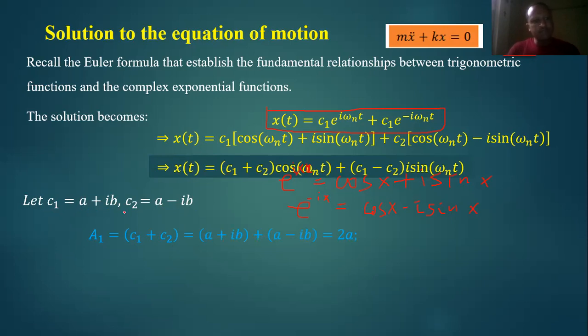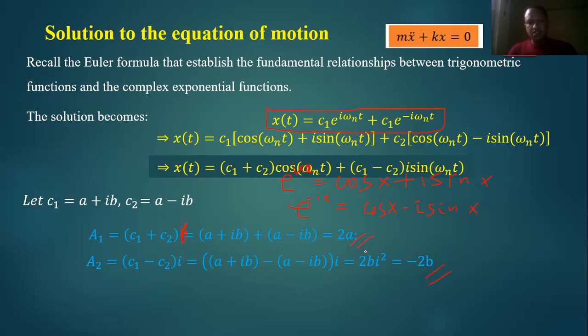C1 plus C2 gives 2 times A. Again, A2 is equal to i times C1 minus C2, which gives 2 times B i squared, which gives minus 2B. Both results are some constants.